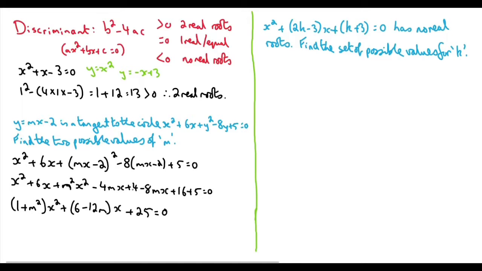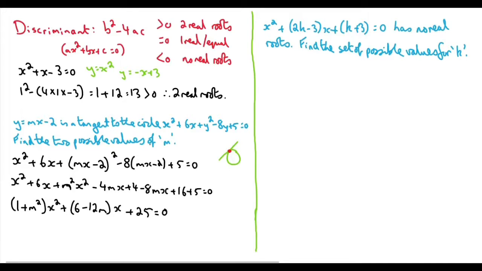Now from here, how would we otherwise work out what m is going to be? What we can say is that because this line here is a tangent to the circle, it's touching the circle but not cutting through it. Therefore, if we just try to picture that, a line doing this, that's only got one point of intersection.